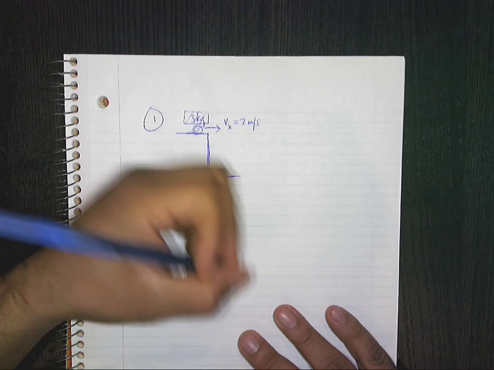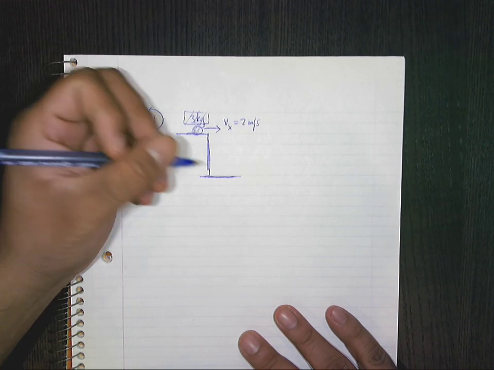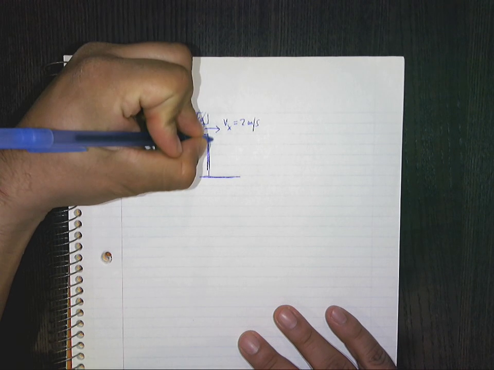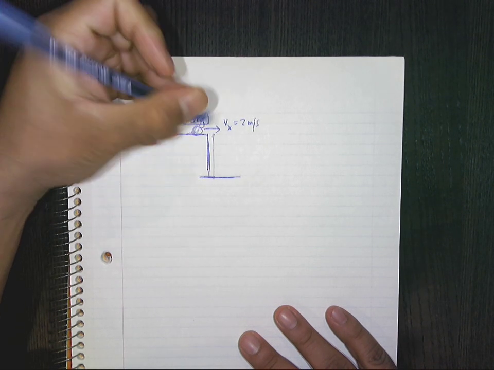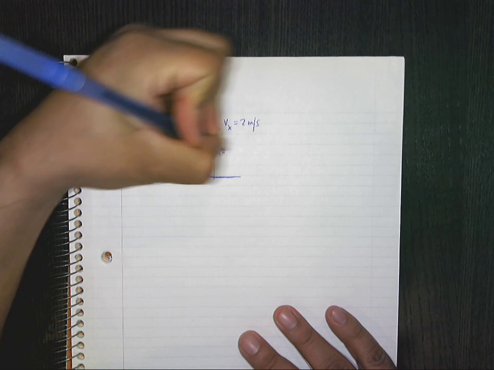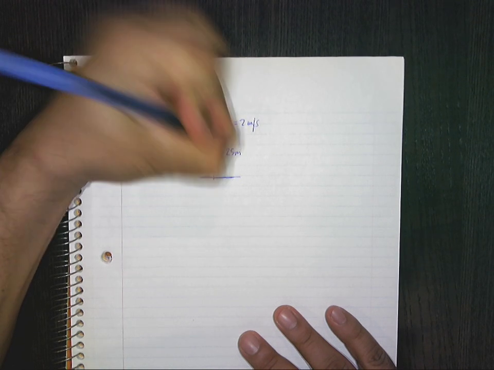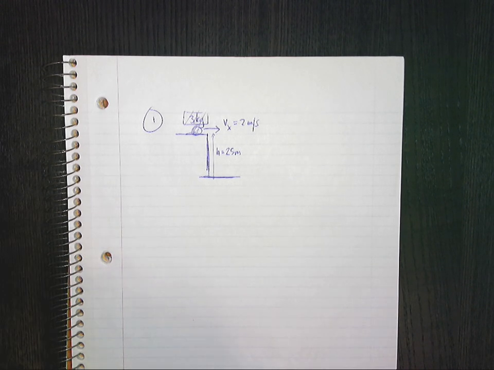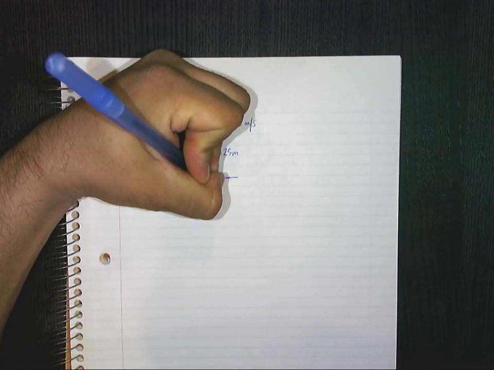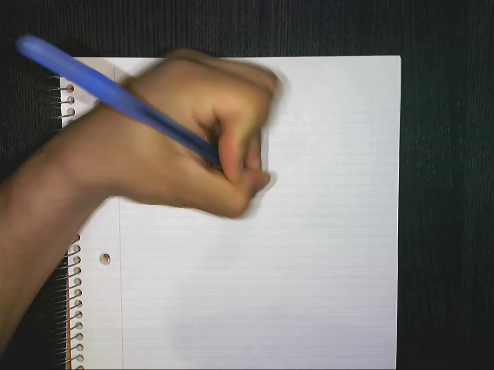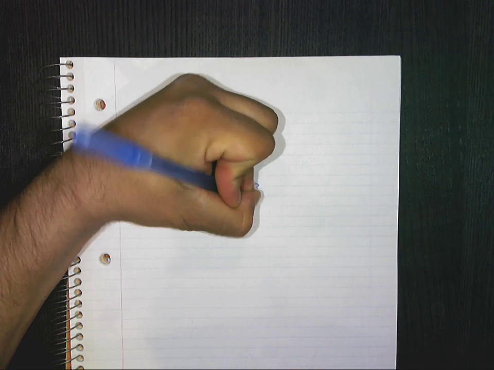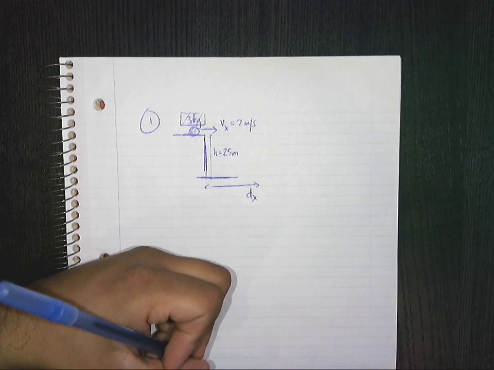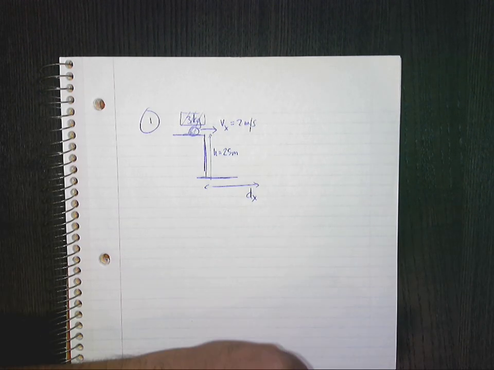And your height h is 25 meters. Well, how far away from the bridge will it land? Of course, how far is asking for the distance in the x.